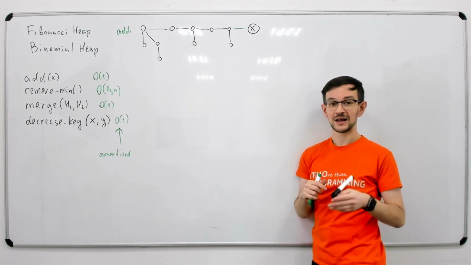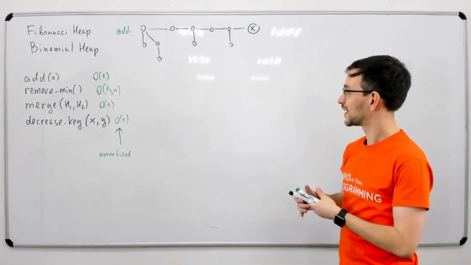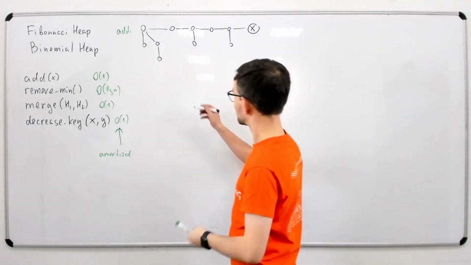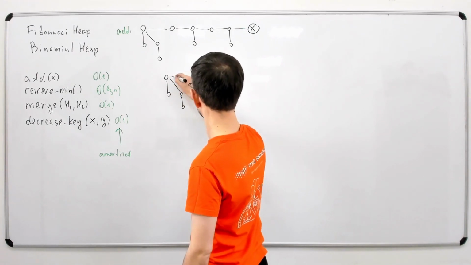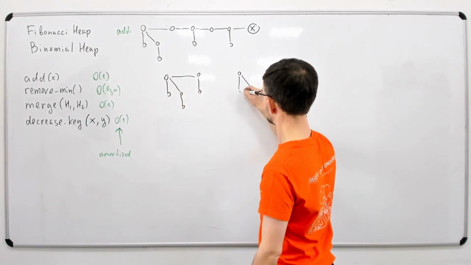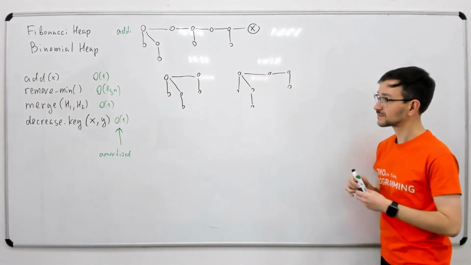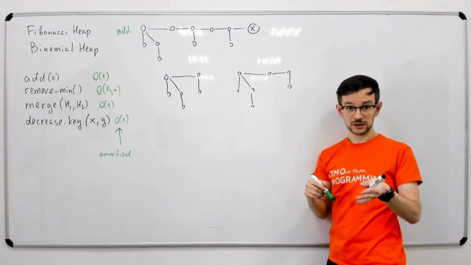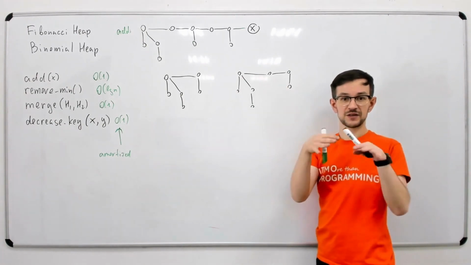Cool. Now, how to merge two Fibonacci heaps? Imagine you have two different Fibonacci heaps, like one Fibonacci heap and another Fibonacci heap. Again, if you don't require all the trees to have different ranks, then you can just concatenate these two lists.